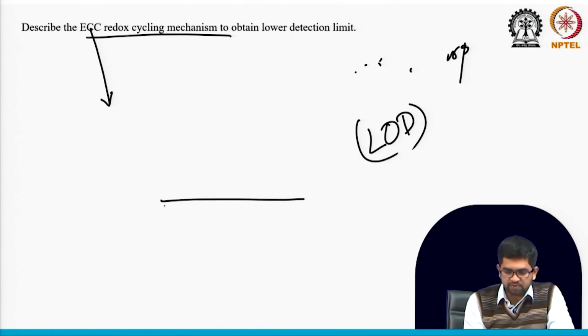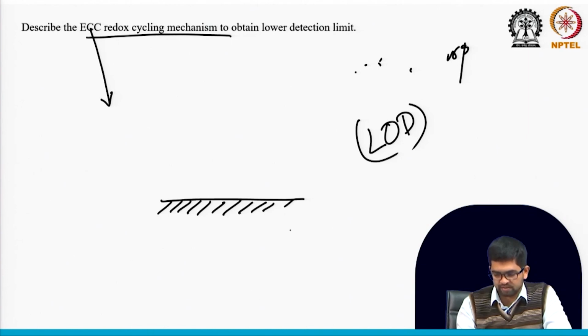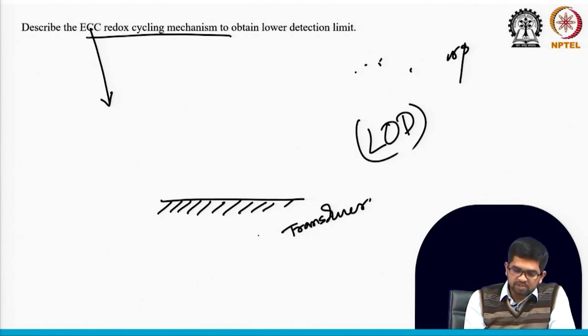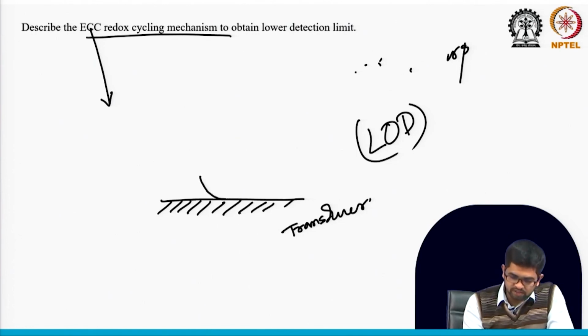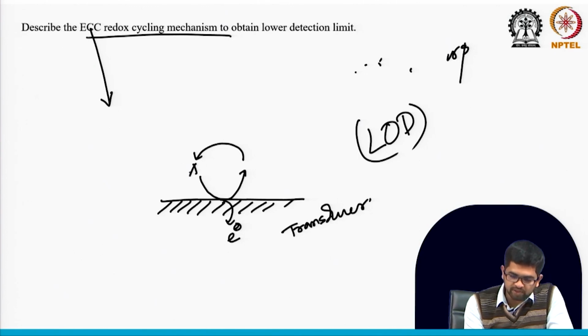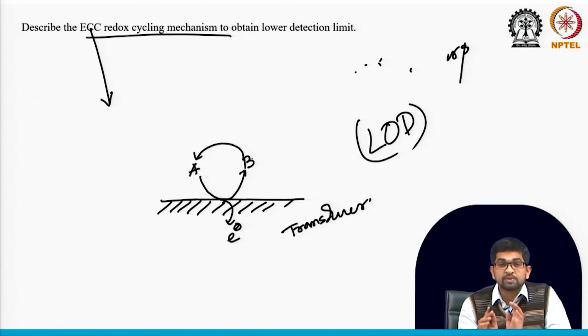First, if you have an electrode surface, this is a transducer surface, right? ECC means here you have to think electrochemical, right? Maybe your oxidation happens, so you should have a compound A and compound B in some generic way.